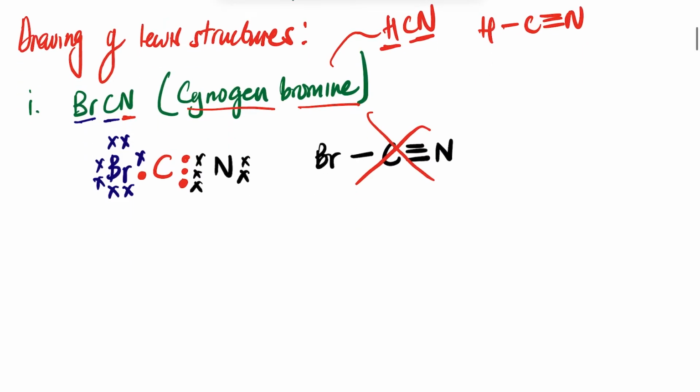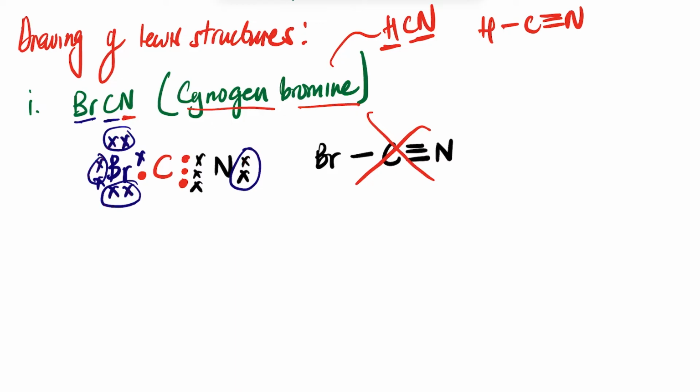Now, these electrons here are called lone pairs. In this structure, the cyanogen bromide, there are 4 lone pairs: 1, 2, 3, 4.